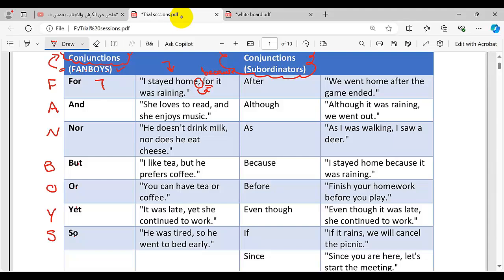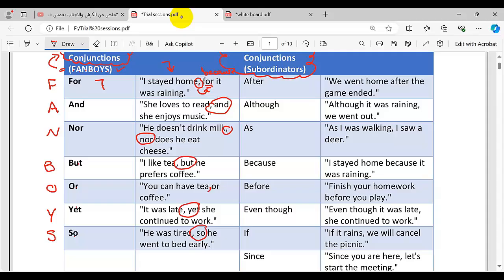Read the 7 sentences silently, then tell me what you noticed.